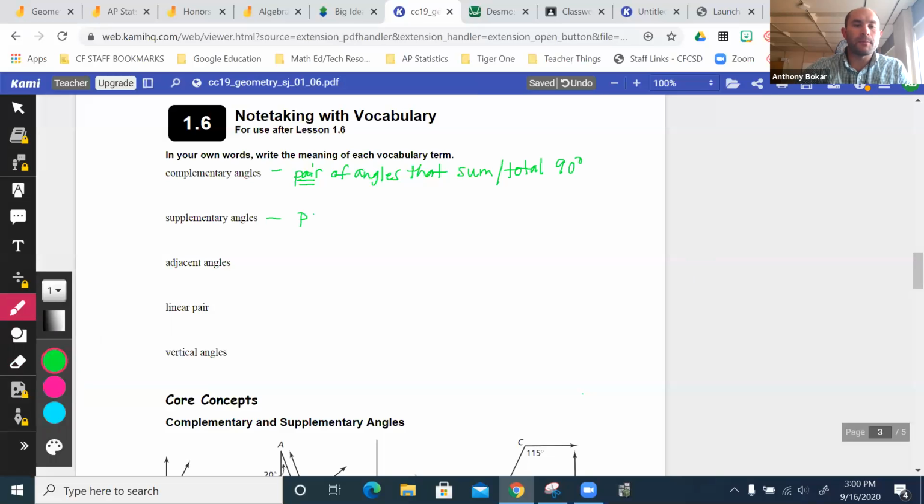Supplementary angles, it's a pair of angles that have a sum or total of 180 degrees. Also, you can think of it as they make a line, or segment, or something like that.